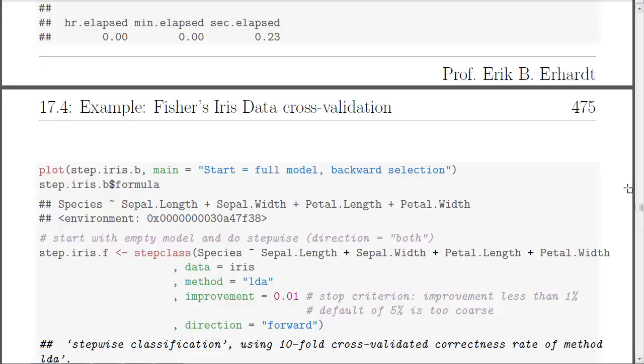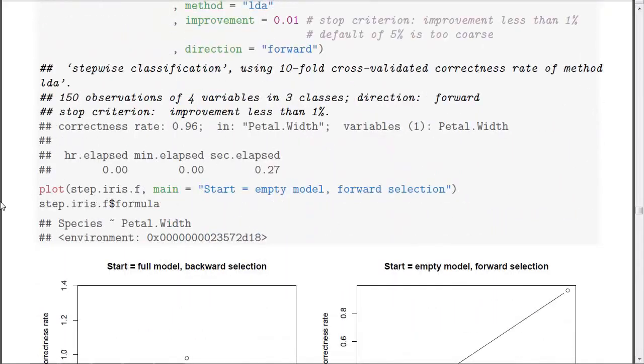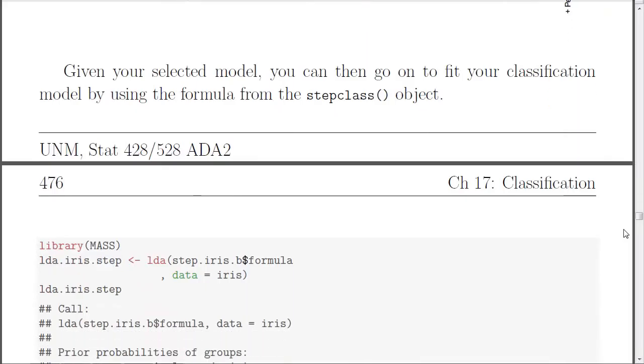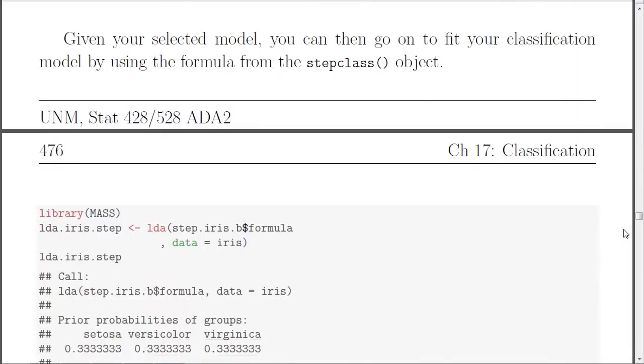When we did forward selection, which I called .f, and I look at the $formula value, this is the final model here, petal width. So the reason I bring this up is because we can use this formula that's stored.